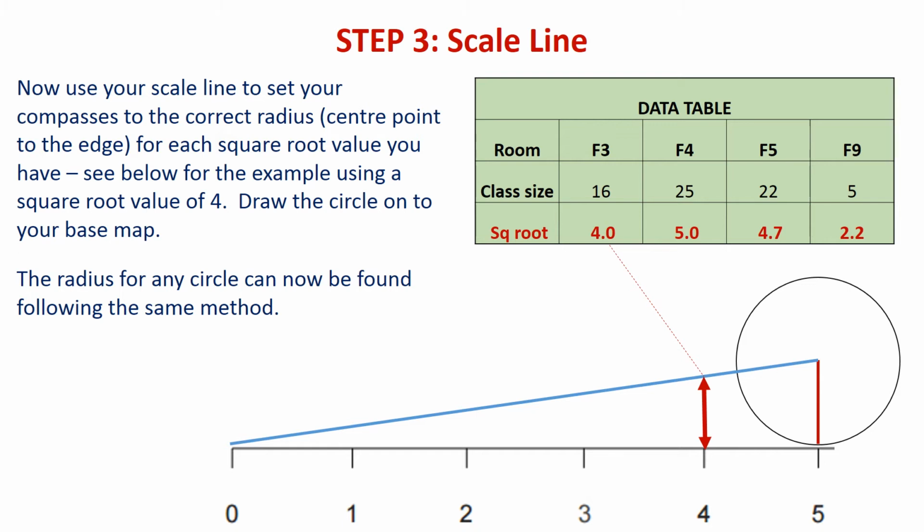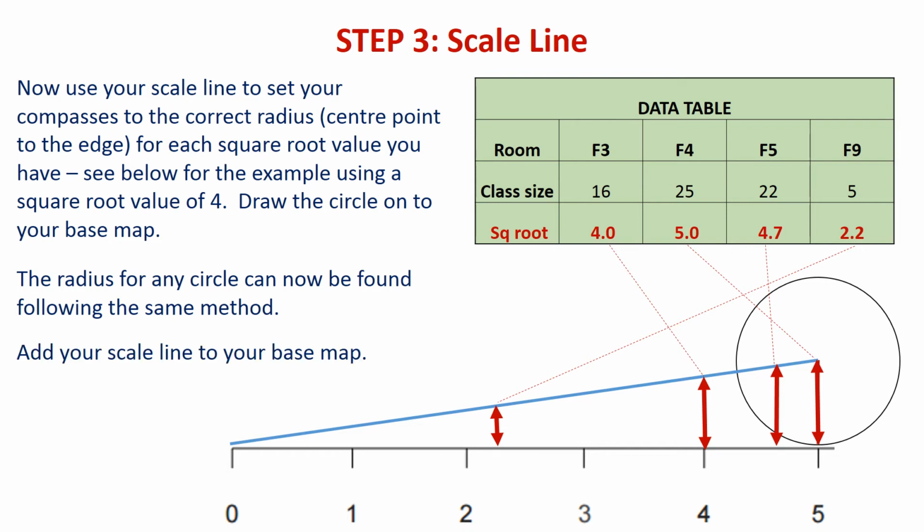And there it is. That height there represents 16 people when we create a circle. Likewise, that represents 25 people. This represents 22 people, and that represents 5 people. And all we're doing is on the horizontal axis, we're working out where the square root value is.